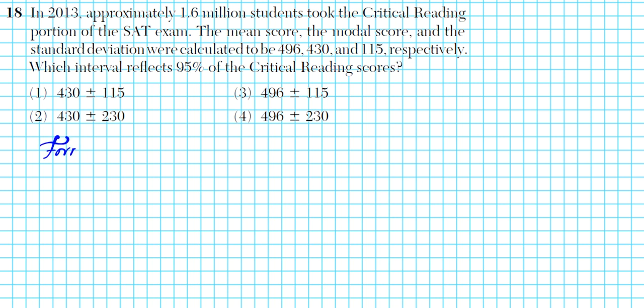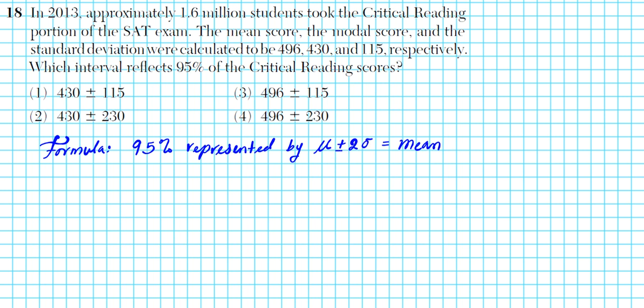So the formula is as follows. If you're looking at 95% of the population, that's represented by the mean plus twice the standard deviation. Okay, so let's write it in verbal form. So it's the mean, well, plus or minus.